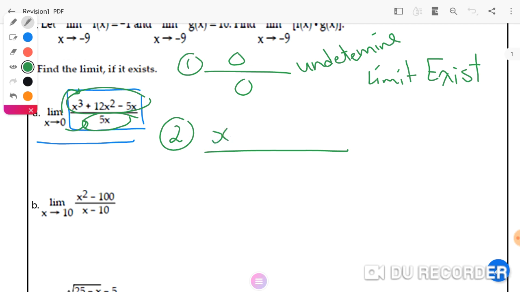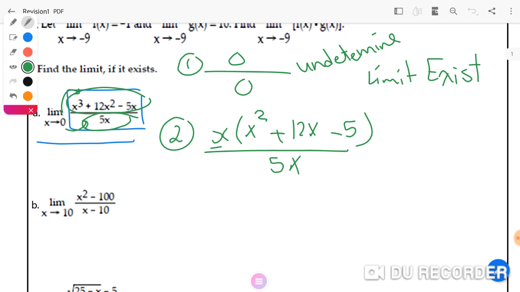So, find the bracket after we take x as a common factor, it will be x to power 2, then plus, divide each term here by x, it will be 12x minus 5. And the denominator already is factorized, x multiplied by 5.